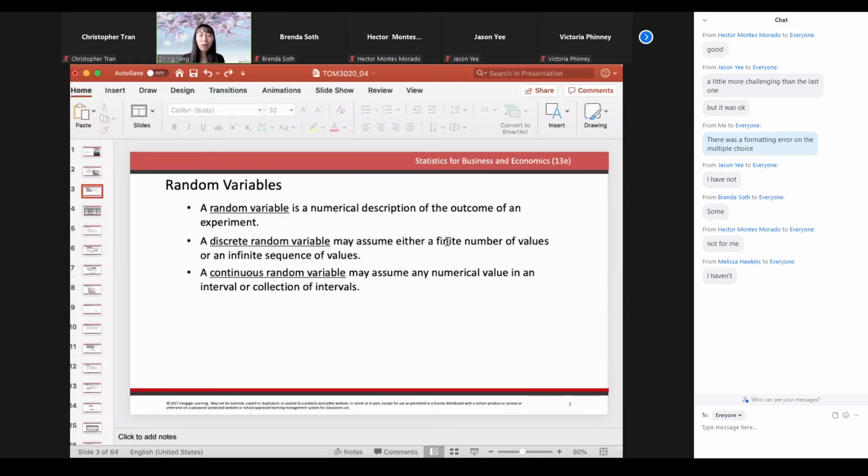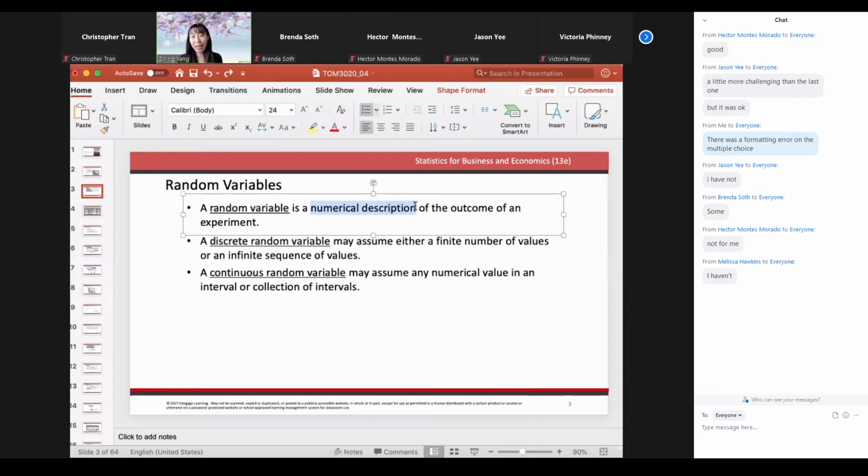Any information, any fact we collect could be a variable, maybe numeric, maybe non-numeric. But when we talk about a random variable, we are talking about a numeric description of the outcome of an experiment. So now everything needs to be in number format.